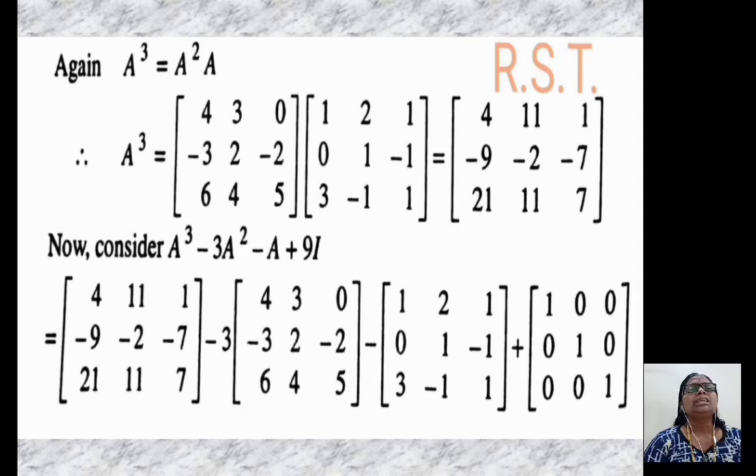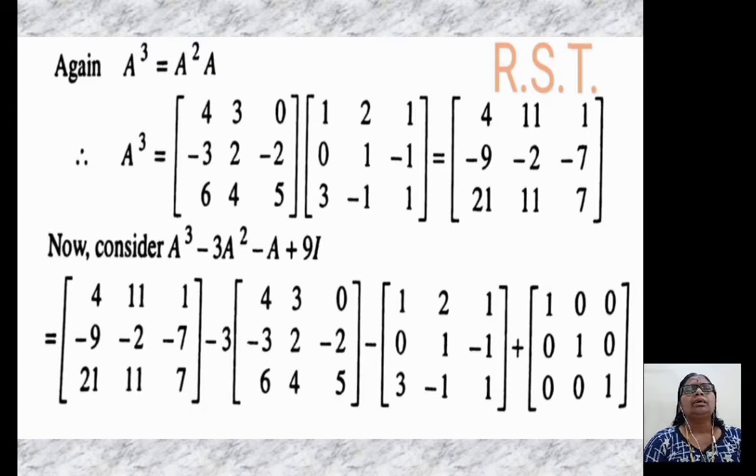Now consider the equation A cube minus 3A square minus A plus 9I, which is equal to, substituting the values of A cube, A square, A from the above equations.